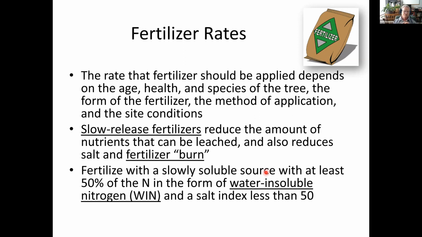Slow release fertilizers reduce the amount of nutrients that can be leached and also reduce salt and fertilizer burn. We'll talk a little about fertilizer burn, but what that is, is that you've created such a salty area in the soil that water is going to move from this area of high concentration to an area of low concentration.